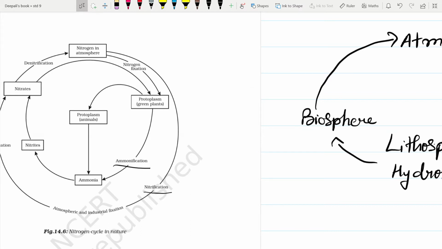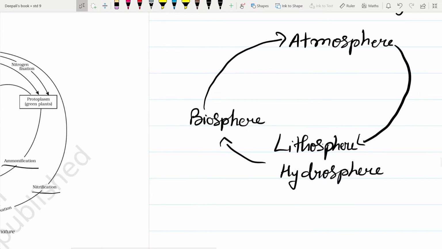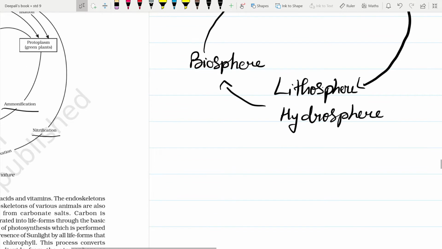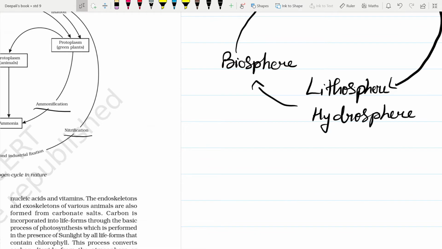So let us see the processes involved here. First we have nitrogen fixation or nitrogen assimilation.